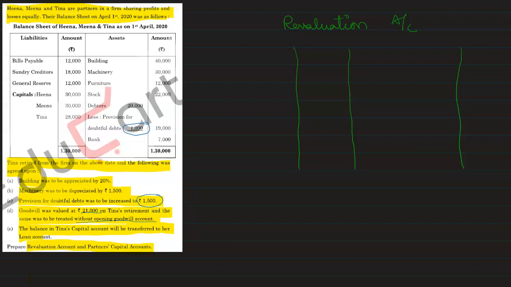So here building is being appreciated, means building will be debited. That means revaluation account will be credited. So on the credit side, we will write by building or only building. We can leave the terms by and to. By building account and the amount will be rupees 8,000.